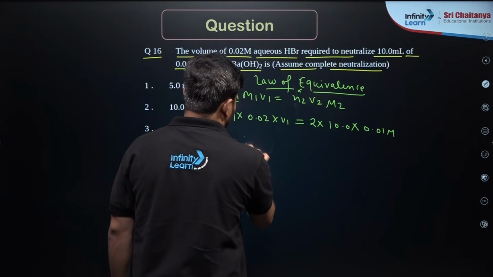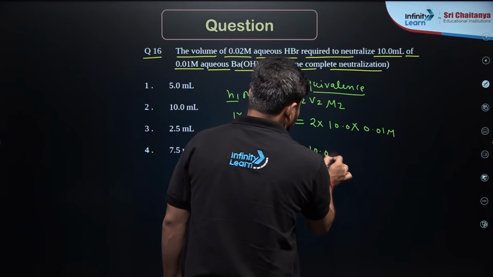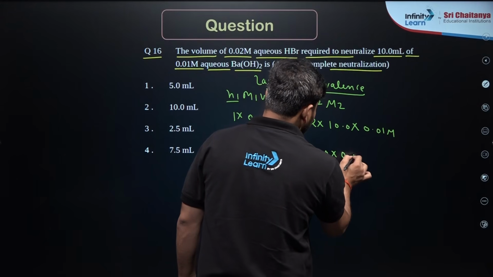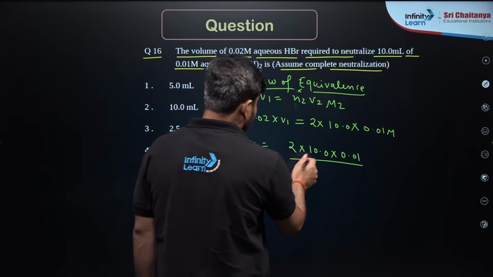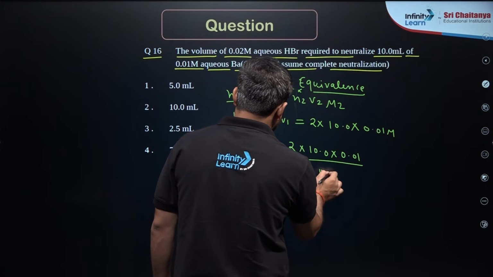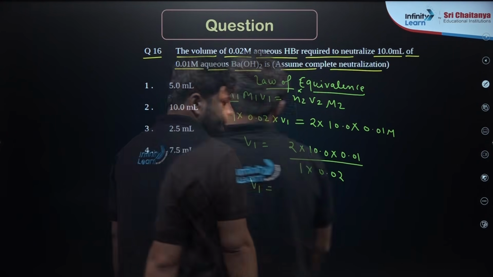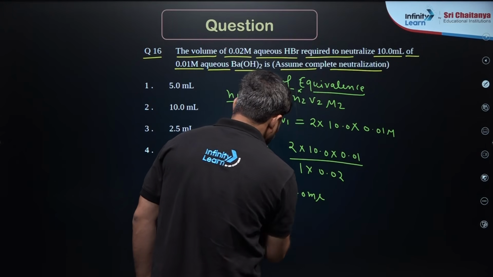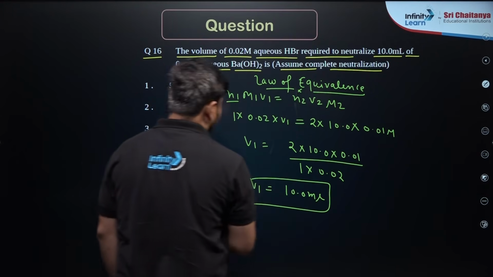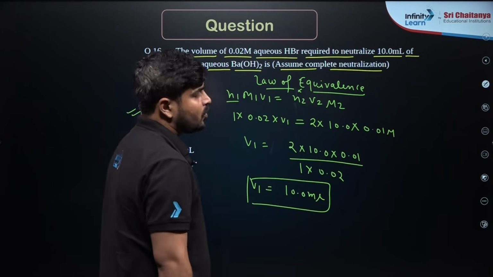So if we calculate V1, this is 2 into 10.0 multiplied by 0.01, divided by 1 into 0.02. Solving this, the volume will come 10.0 ml. Please remember, the second one is the correct answer for this question.